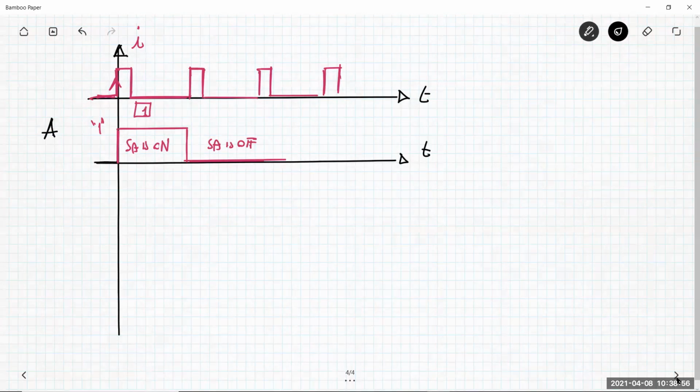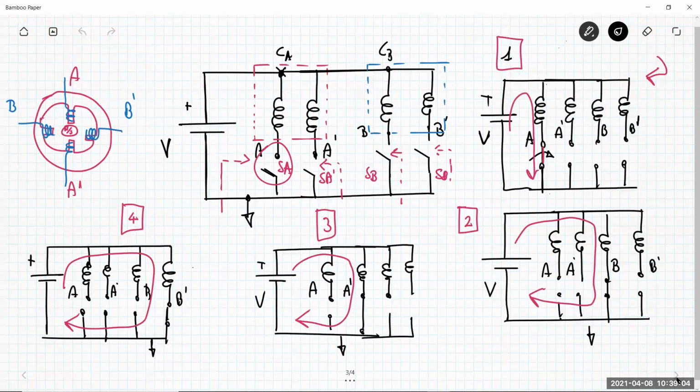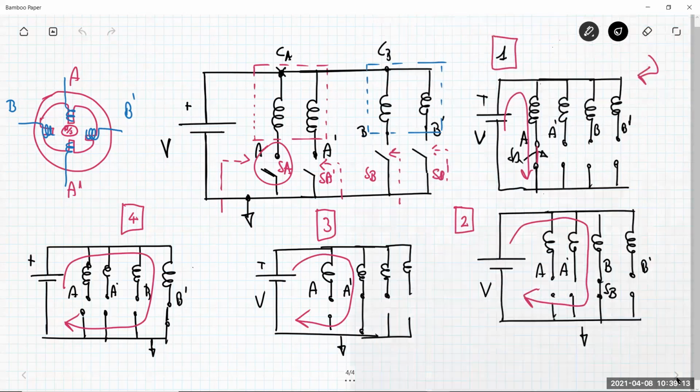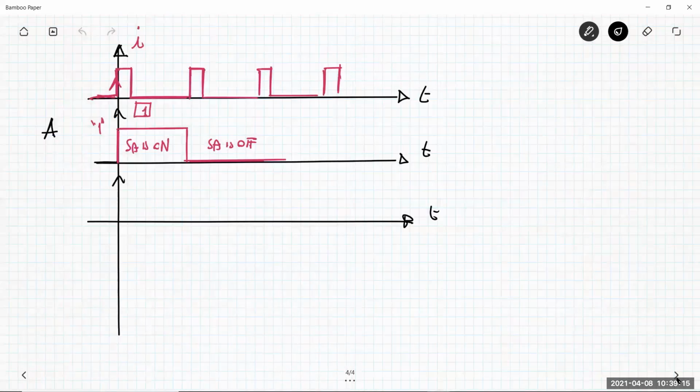Which is the next step? The next step is step number 2, in which the switch SB is on. You have to provide a command to this switch to make it fully conducting.